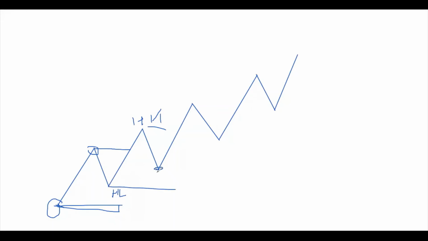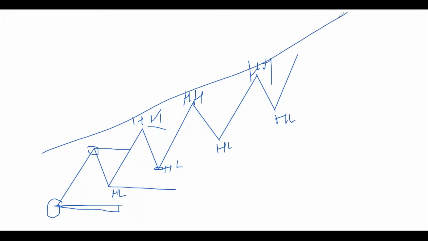This was our previous low zone, but now this zone here is higher than this higher low, so it is still going to be our higher low. Then is our higher high, our higher low, our higher high, and our higher low. This type of market structure is a bullish market structure.